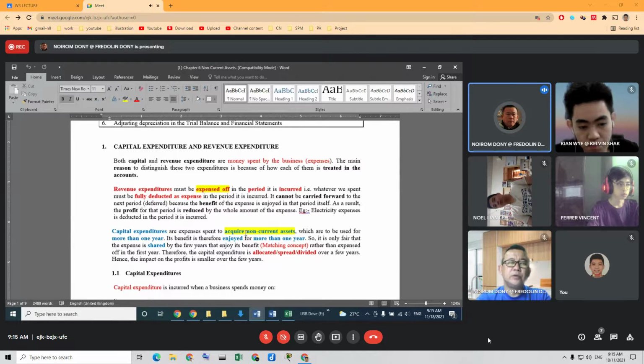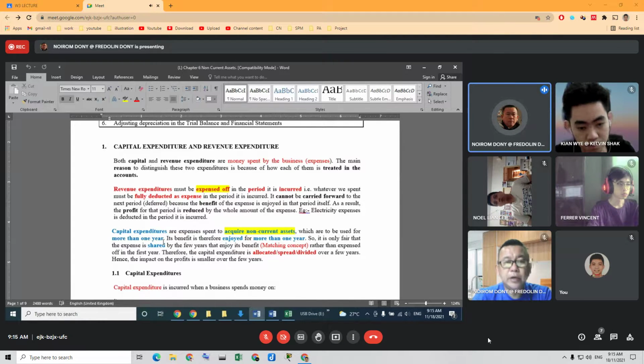The value that we paid to the supplier is considered capital expenditure, as the asset is to be used, not to be sold. We don't buy and sell; we buy and use it for more than 1 year. That is the general concept of capital expenditure. If you can use it for more than 1 year, then the accounting treatment will be as capital expenditure.